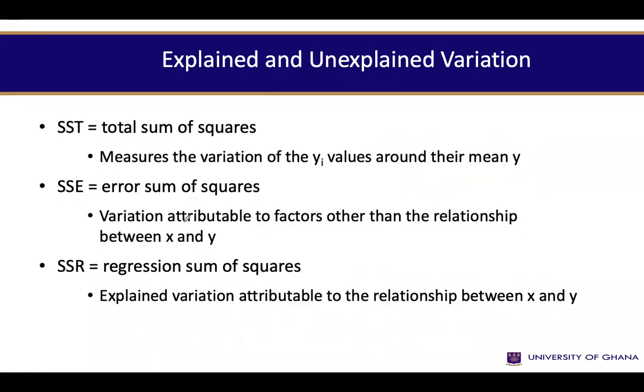SSE is the variation that is attributable to other factors other than the relationship between X and Y. That's why I said unexplained variation. The ones that we cannot explain, the ones that are attributed to other factors like size, like the location, like the person who is selling it to you, whether the person is a wicked person or not, like the facilities that are available in the house, and so on and so forth, right?